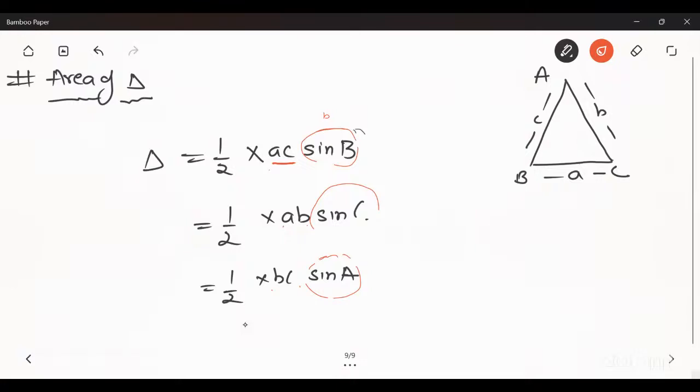Now, in terms of circumradius, that was also your previous year question, that you have to prove delta is equal to abc upon 4R. Okay, that was also your question.